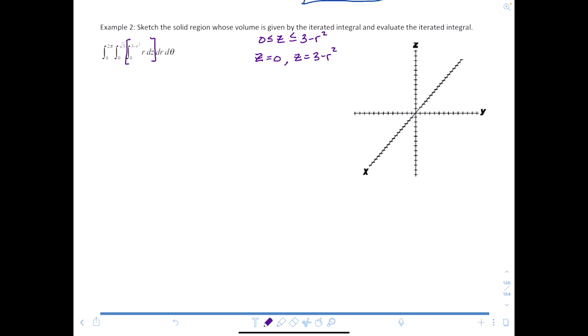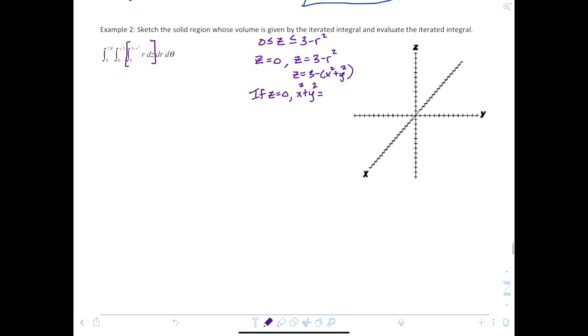But what is r squared? Good, it's x squared plus y squared. So if we think about z is 0, what's going to happen? We would have x squared plus y squared is root 3 squared.